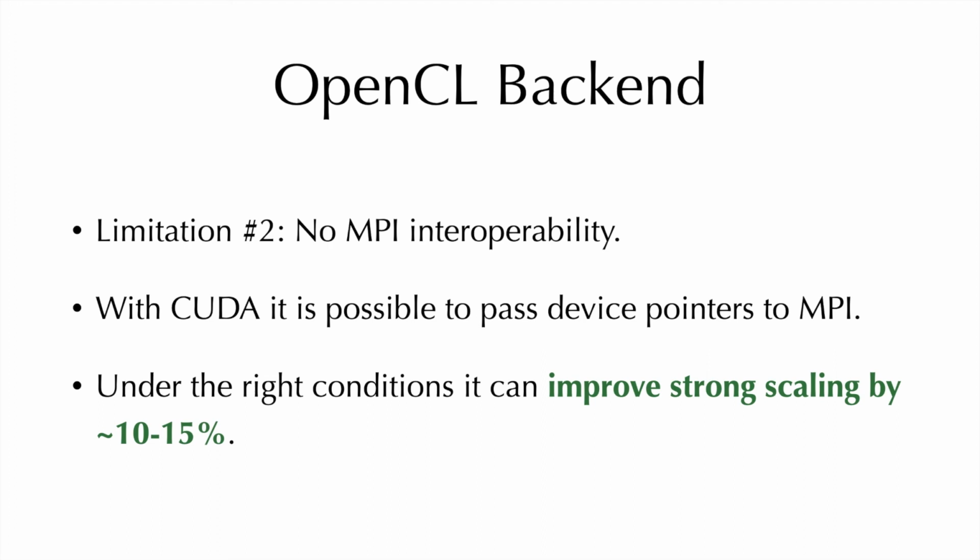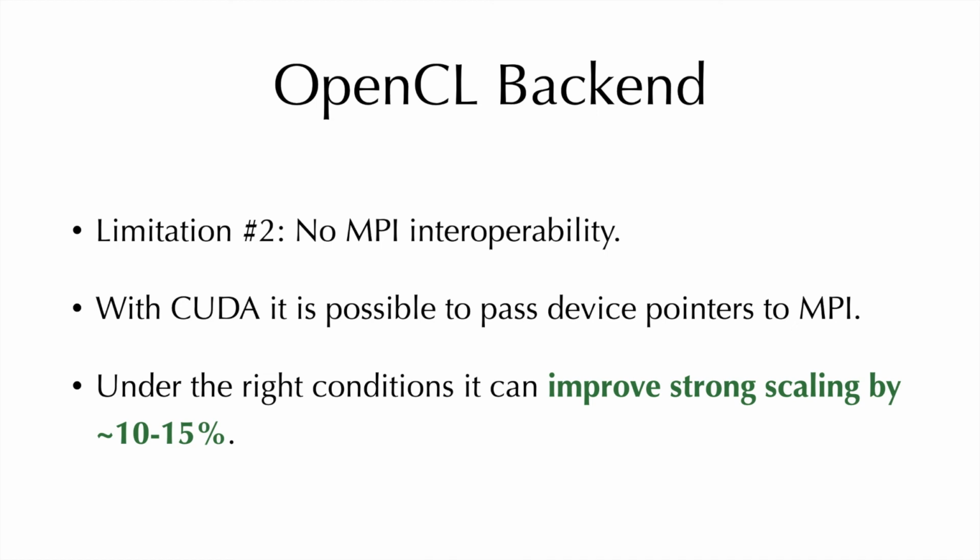A second issue we found, and this isn't as much of a problem, but it's still worth pointing out, is there's no MPI interoperability. With CUDA, it's possible to pass device pointers, so GPU memory pointers, directly to MPI routines.